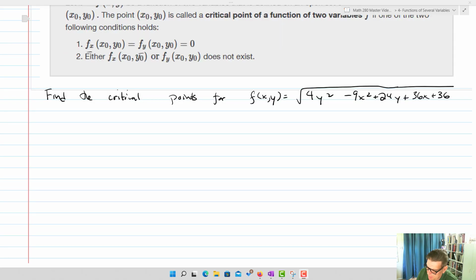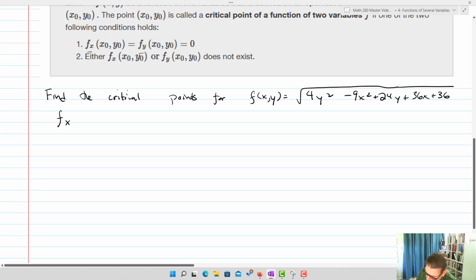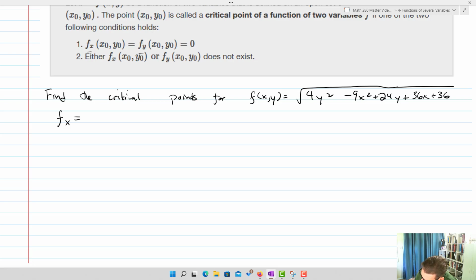Let's say, for example, I want to find the critical points for f of x y equals the square root of 4y squared minus 9x squared plus 24y plus 36x plus 36. The first thing I need to do is find the partial with respect to x. First I want to notice that this is the same thing as carrying the power of 1/2.